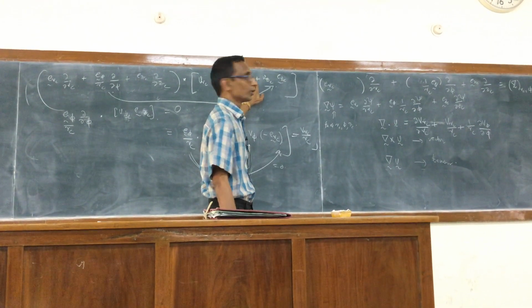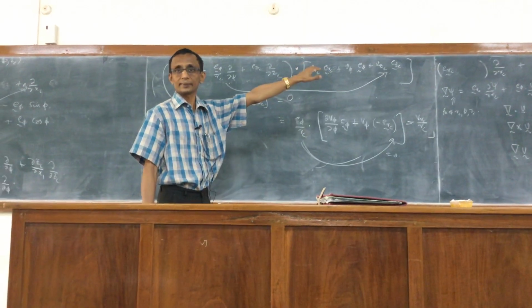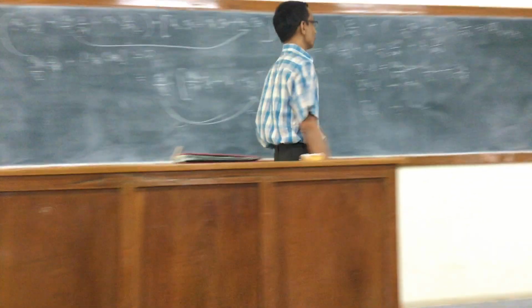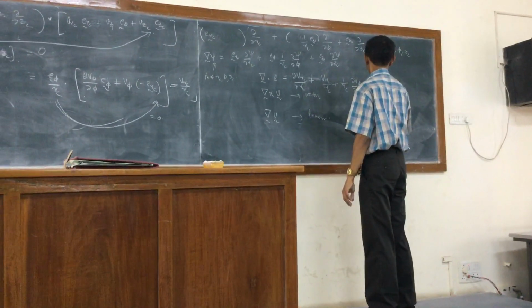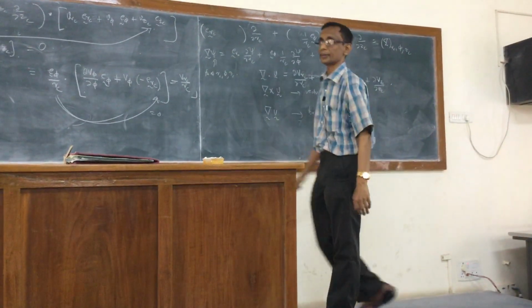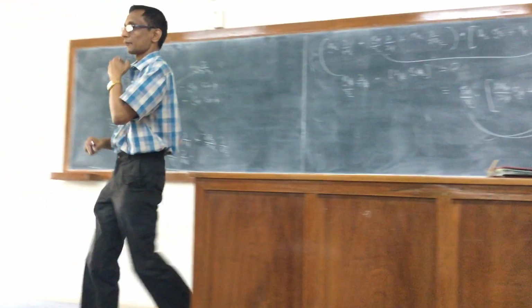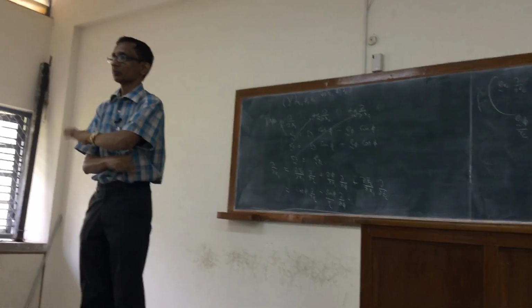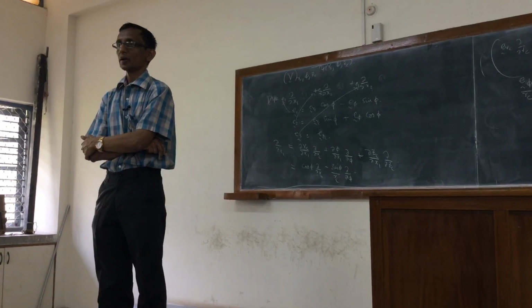That's also 0. The third term, of course, would involve EZC dotted with EZC. That will not be 0. So that would get plus EZC. This is all you will get. Are there any questions?